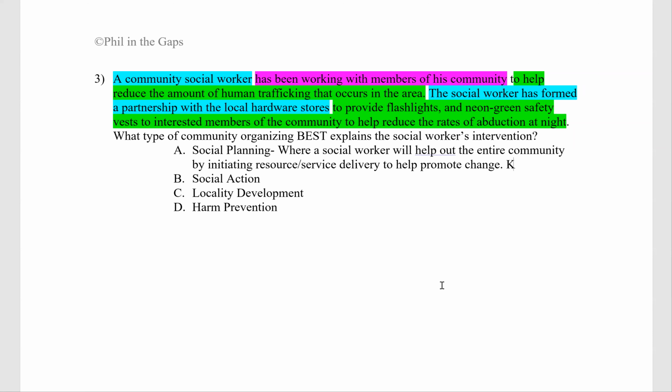And the key emphasis here is going to be on planning. So that is where we are going to be emphasizing planning here because the social worker is going to do all the planning.